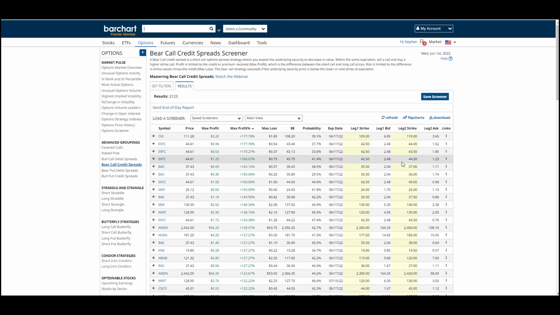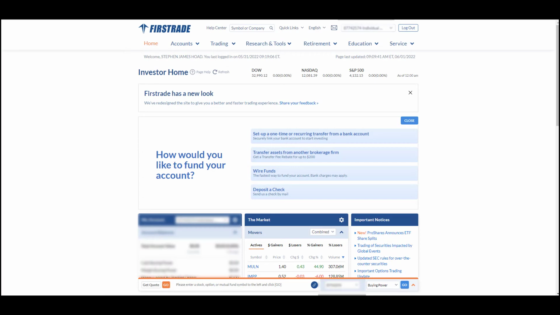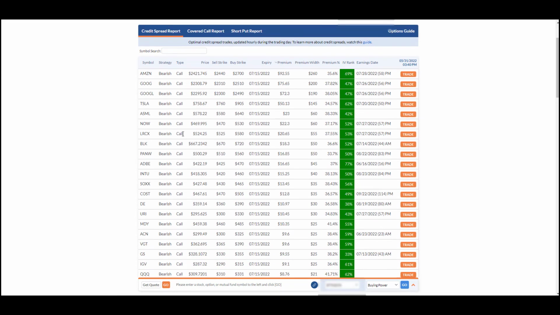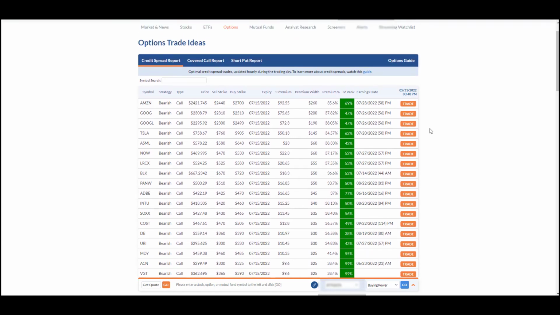And also you could maybe hit your broker account. They can sometimes provide those sort of tools for you as well. And in my broker account here, on this first trade, you go under research tools, you go under options, and they've actually got some credit spread ideas for you there, both bullish and bearish, with US stocks, IV ranks, premium percentages as well, to give you an idea of potential stocks that you could put on with this strategy.